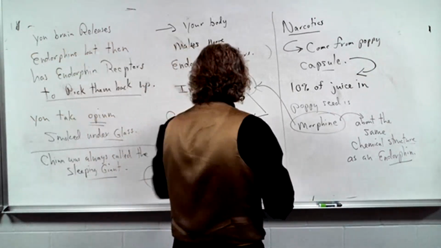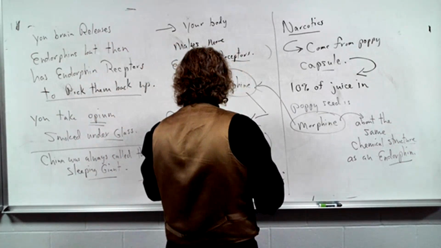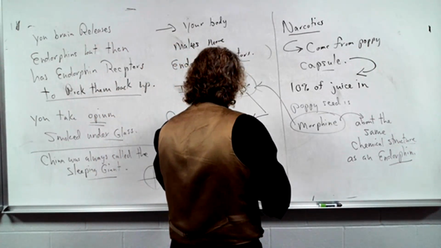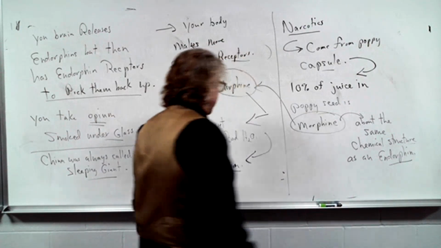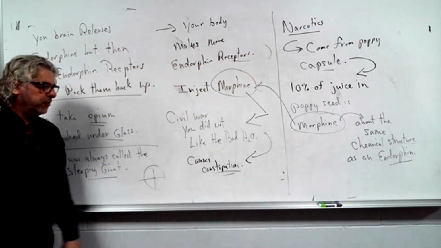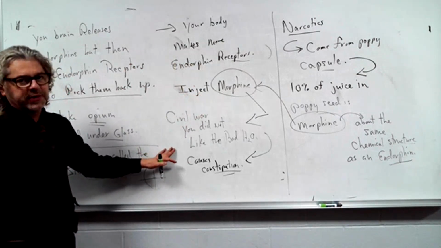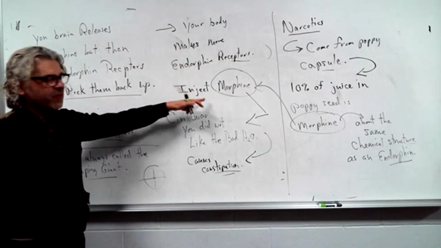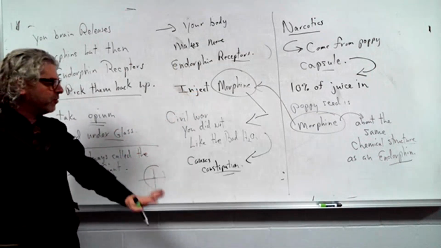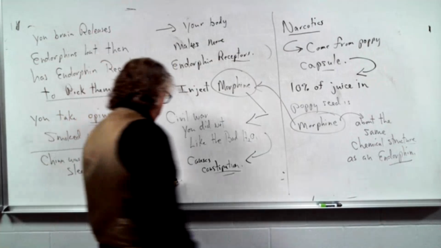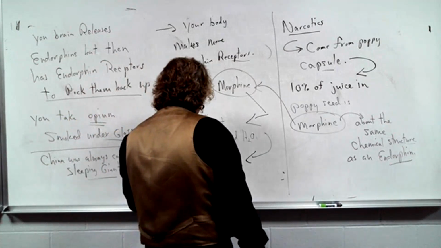Morphine causes constipation. So they didn't know any better. They couldn't clean the water for the soldiers, so everybody was taking morphine so they wouldn't lose all of their water and diarrhea. So they took morphine, this ultimate endorphin drug, just to stop constipation. And it became the soldier's disease.